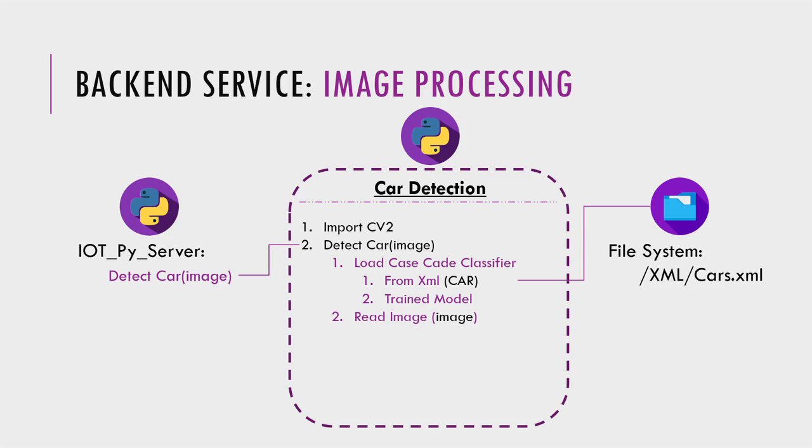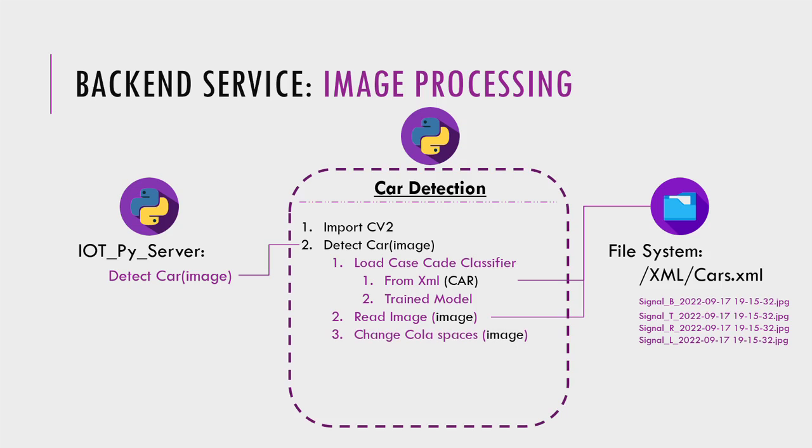Then I read the images, as I described earlier, from the file system, and as we know, the images are in this form. The first step of this whole detection process is to change the color space of each image, and then detect multi-scale, like multicolor spaces.